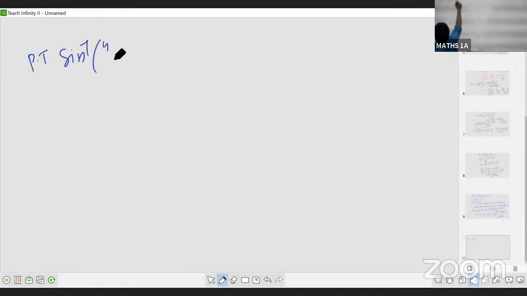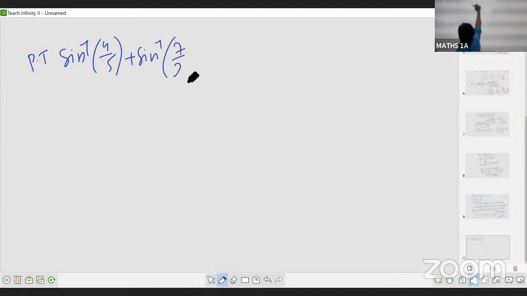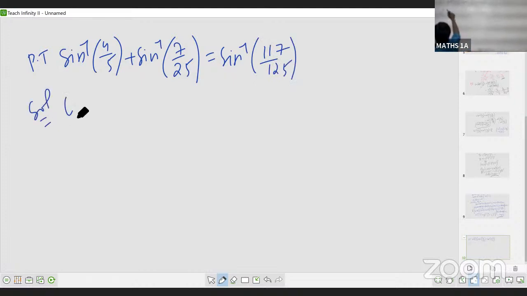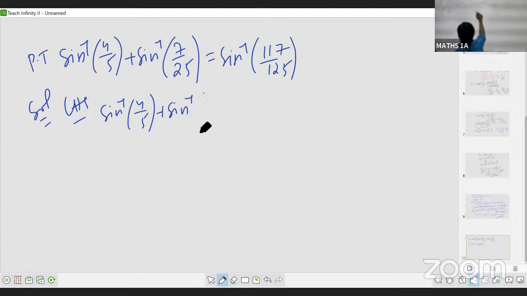So, sin inverse 4 by 5 plus sin inverse 7 by 25 equal to sin inverse 117 by 125. Right, the formula: LHS is sin inverse 4 by 5 plus sin inverse 7 by 25.